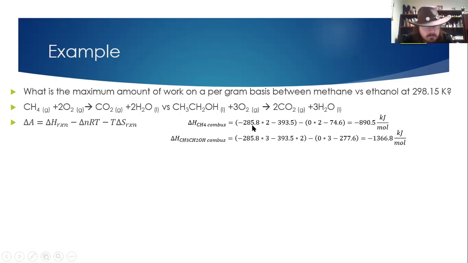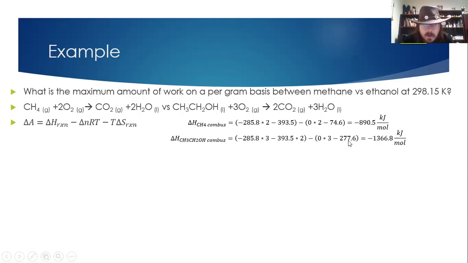You'd say, water is 285.8, times 2. And CO2 is 393.5. And we subtract our delta H of our reactants. 2 oxygens, but those are 0. And methane, which is 74.6. So you get 890.5. You do that with ethanol, you get a larger number.